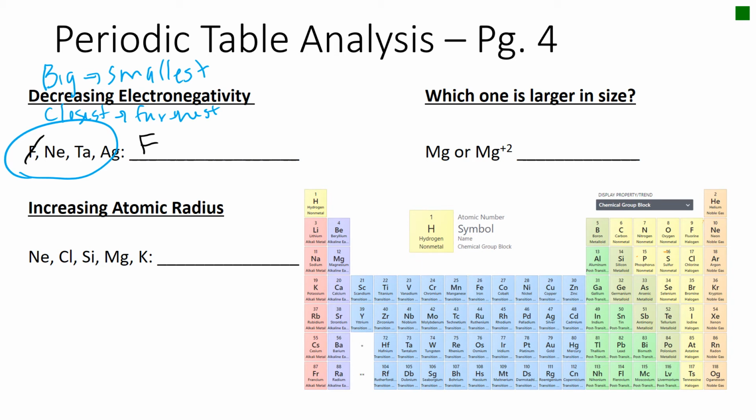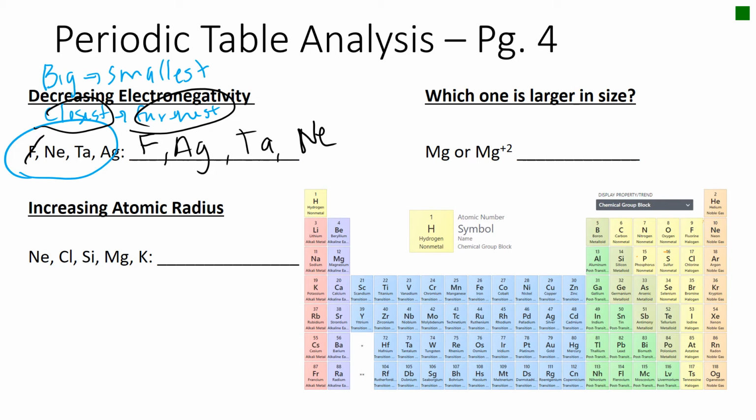Therefore their electronegativity values are 0, and so they are the smallest. So I'm going to deal with my Ne right now while I think of it. Now I go with the next closest, because I'm going from closest to furthest, which would be Ag. And then the final one is Ta. And there you have that one.